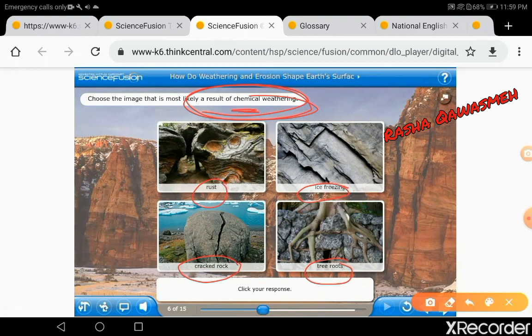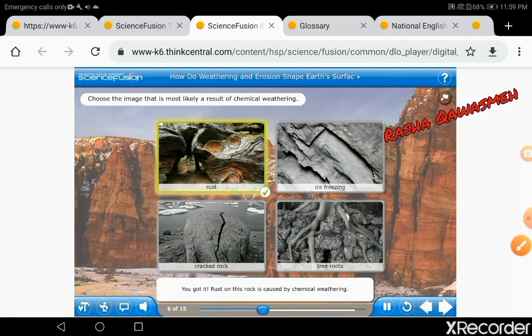Which one represents chemical weathering? Yes, for sure. You got it. Rust on this rock is caused by chemical weathering. That's right. Excellent job. The rust on the rock is a result of chemical weathering and results in the rock being chemically altered. Ice freezing and tree roots growing in rock are types of physical weathering.